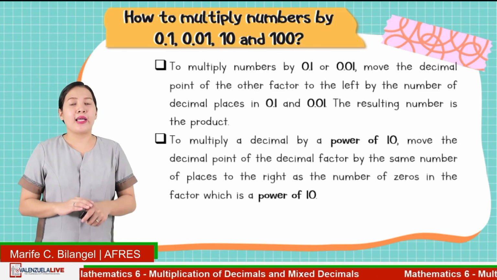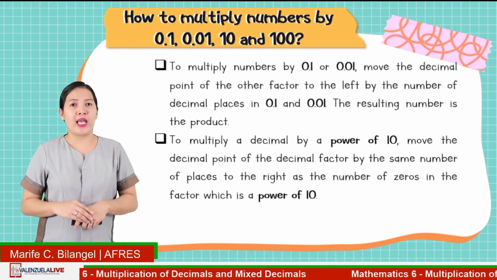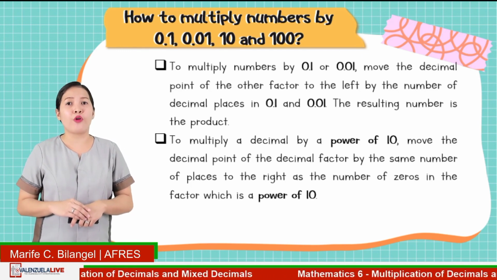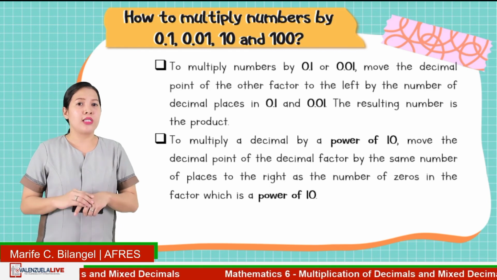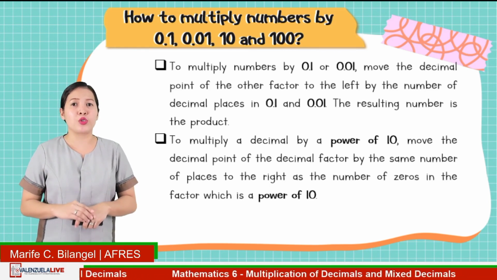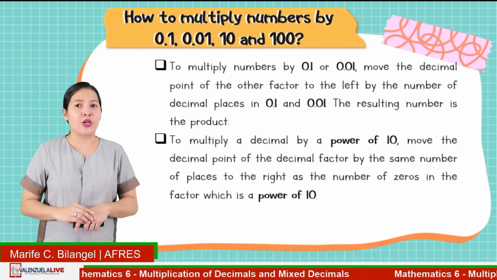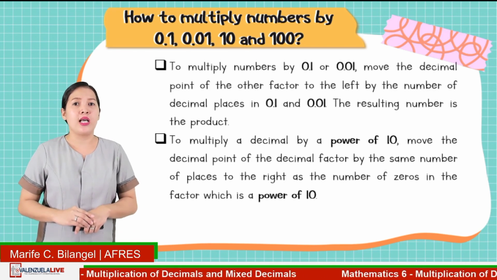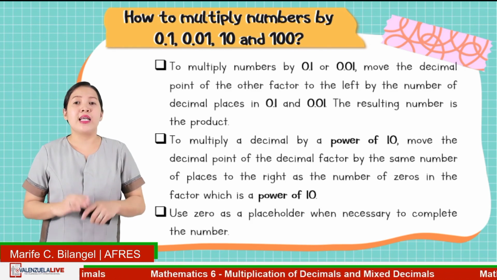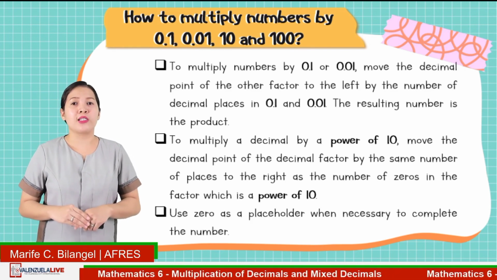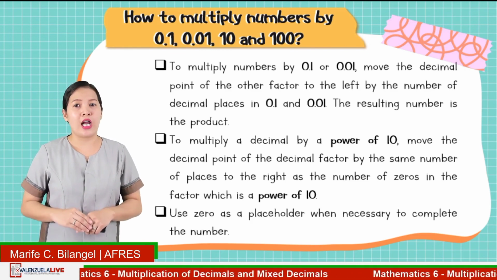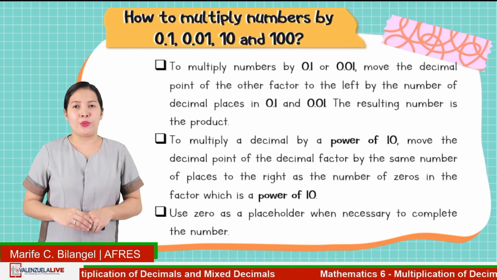To multiply a decimal by a power of 10, move the decimal point of the decimal factor the same number of places to the right as the number of zeros in the factor, which is a power of 10. Then lastly, use 0 as a placeholder when necessary to complete the number.